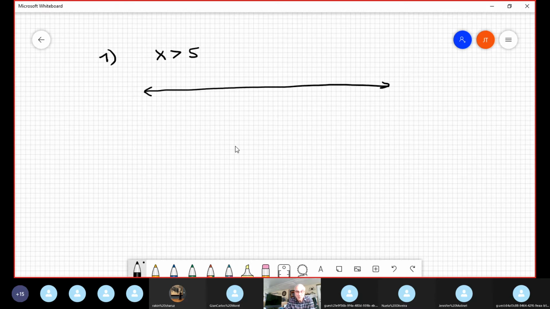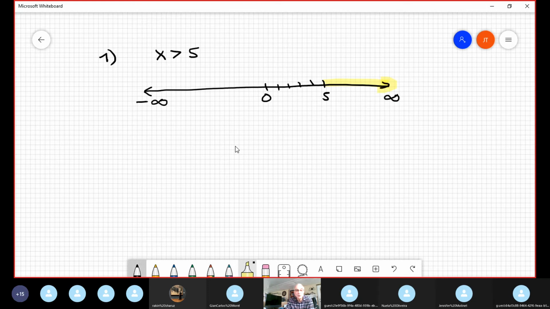Remember, this line represents all real numbers, positive infinity, negative infinity, 0 in the middle, 1, 2, 3, 4, and 5 is our point. And this is obviously to the right. Okay, you highlight like that, to the right. This continues forever.